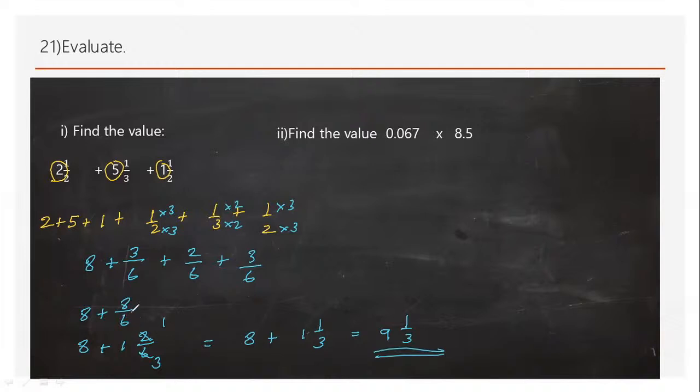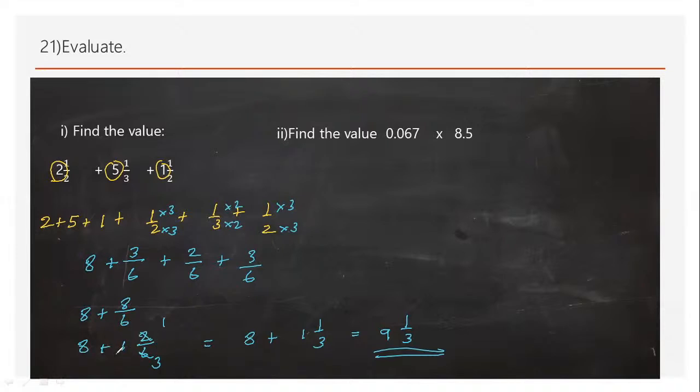Then 8 divided by 6. Just take it: 3 times 1, 3; 2 times 1, 2; 3 and 2, 5; 5 and 3, 8. 8 over 6 means you can write 1, 2 remainder 6.